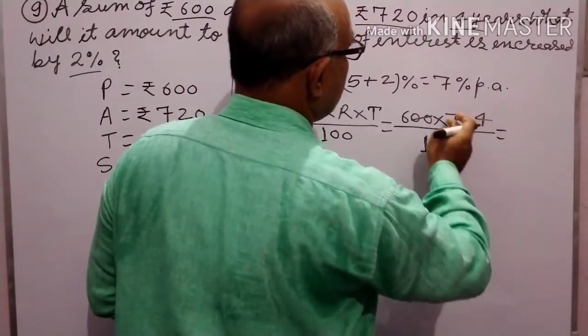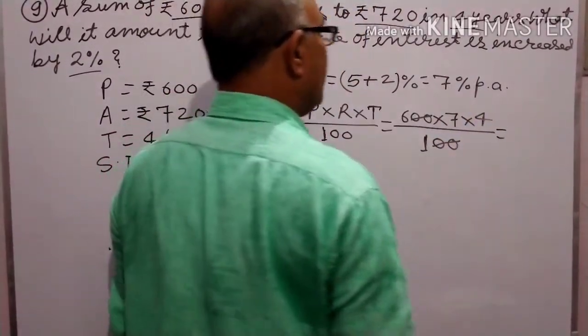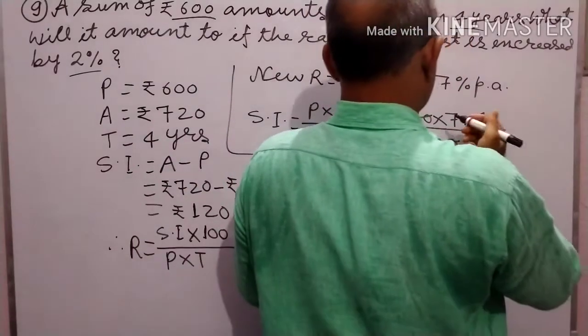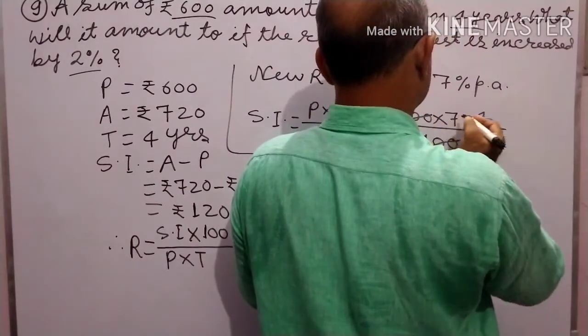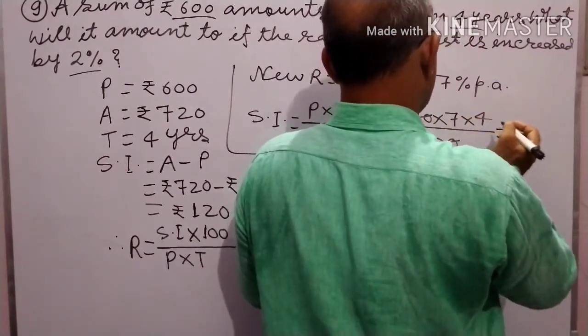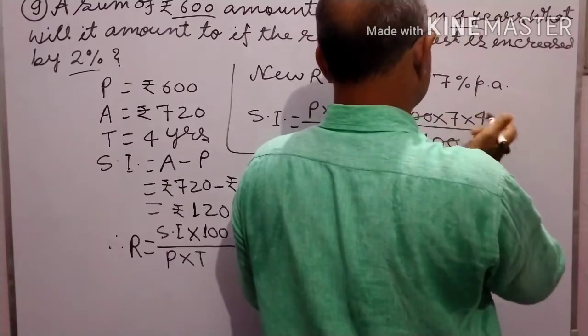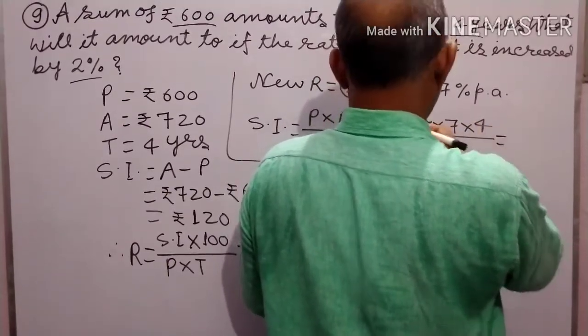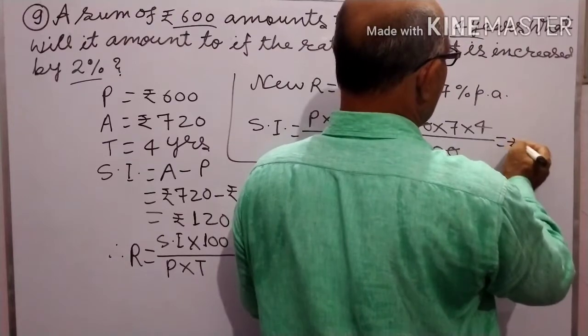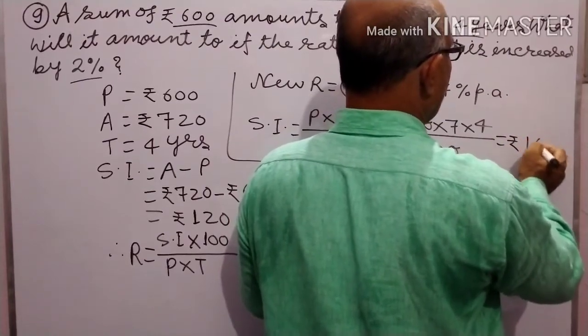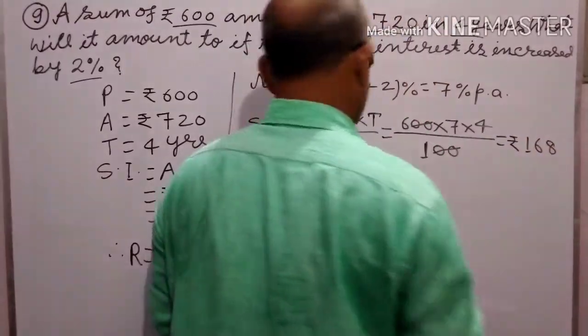Now 7 4s are 28. 28 multiplied by 6 equal to rupees 168.